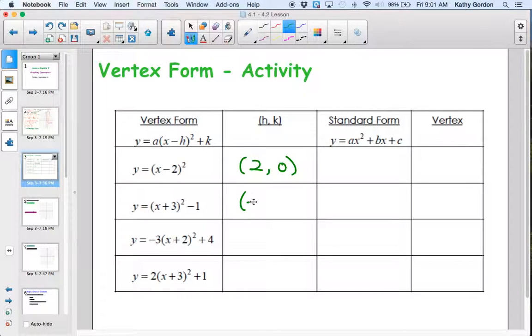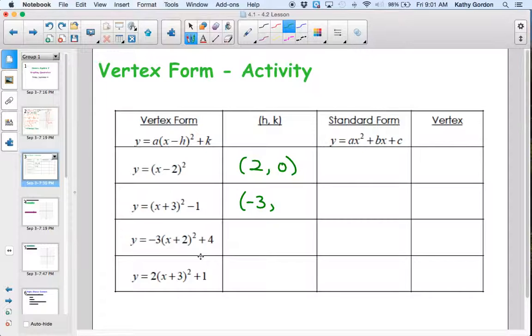So our h's are always going to look like the opposite of what we really see there. And it's all because of that silly little minus that's part of the original form in the first place. So if I end up with an x plus 3, my h must have actually been negative so that the minus and the negative turn plus.